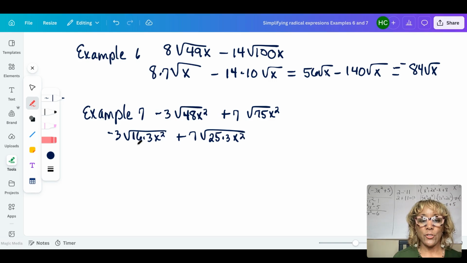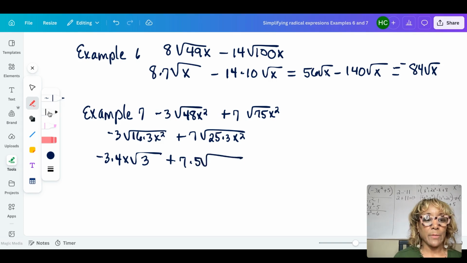Y'all can see how this is shaking out, don't you? So I'm going to take the square root of 16, which would be 4. And then I can take the square root of x squared, which is x. And underneath the radical, that's just going to leave me with just plain old 3 plus 7 times 5.